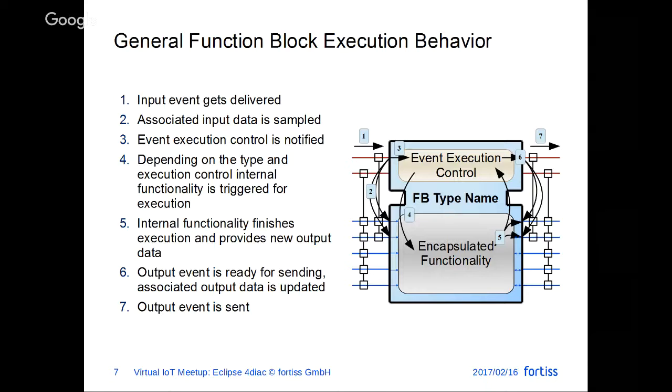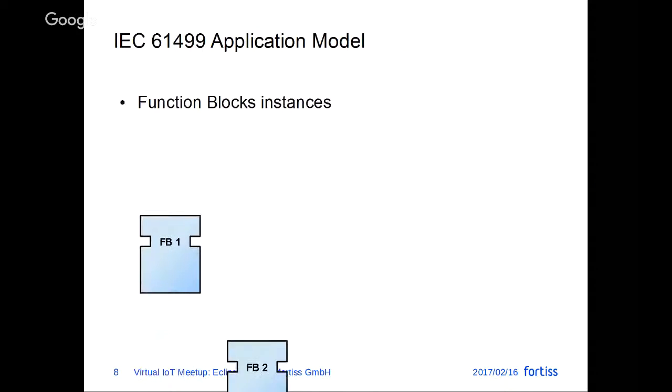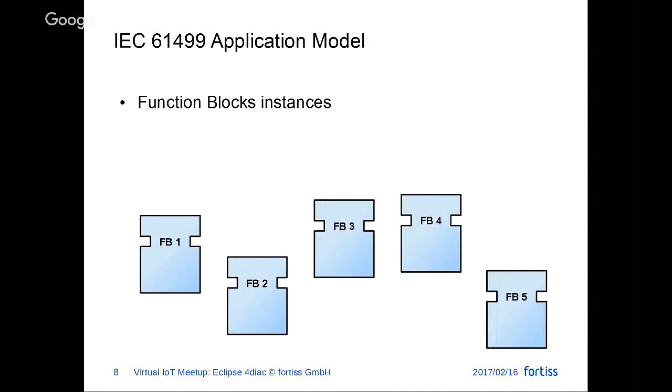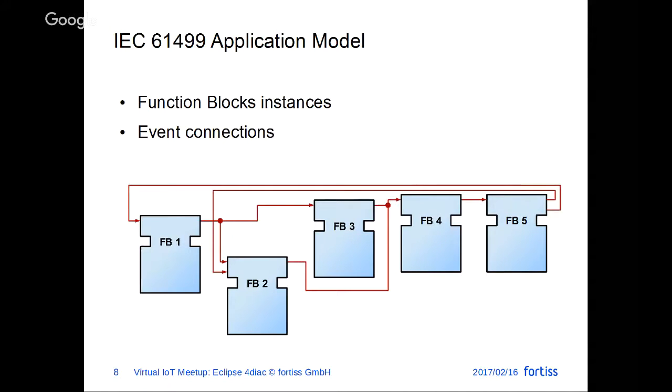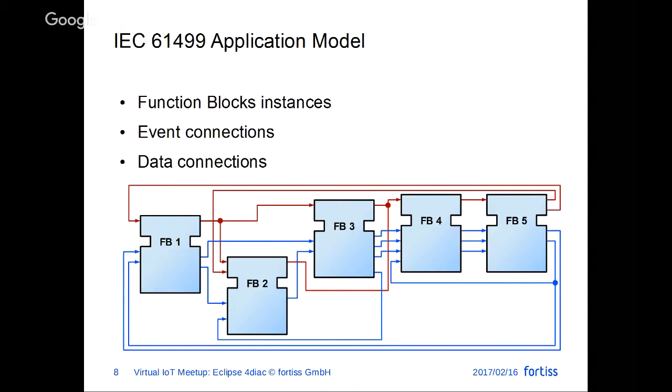So when you have now a library of function blocks, and this is what we're looking at today, you can take these function blocks, wire them together with events and with data, and model the functionality with that. And an important property of the IEC 61499 application model is that we are modeling applications independent of the hardware.